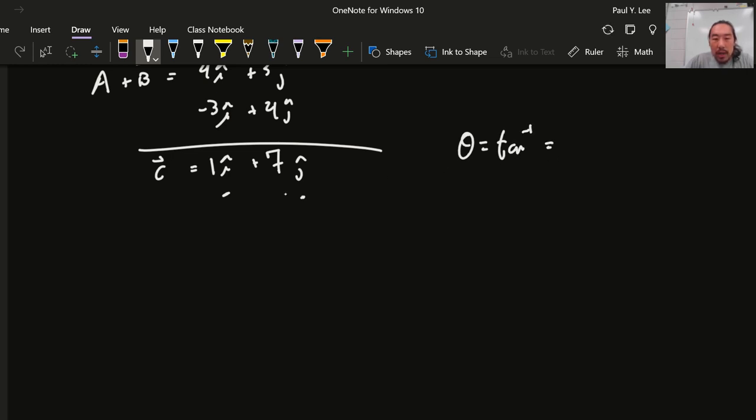So opposite side is 7 over 1. I'm going to use my calculator to figure that out. We get inverse tangent of 7, and that is 81.87 degrees.